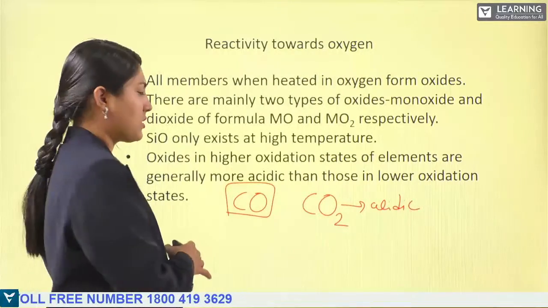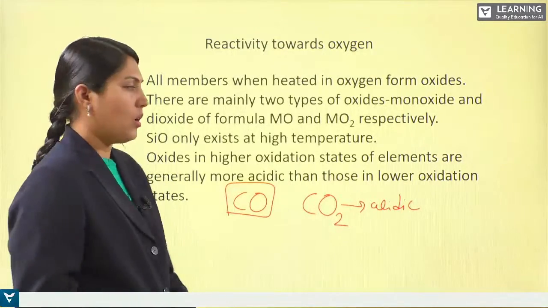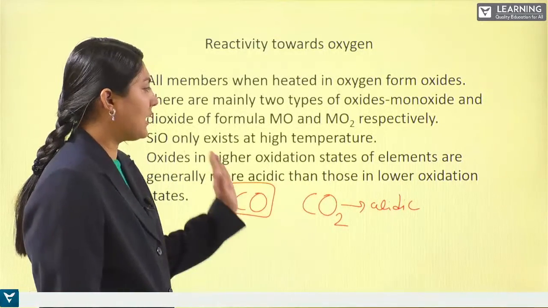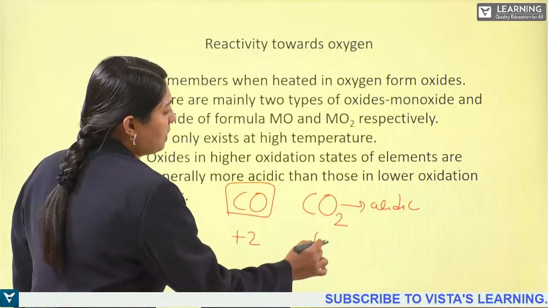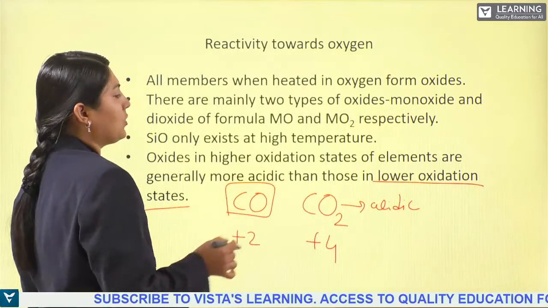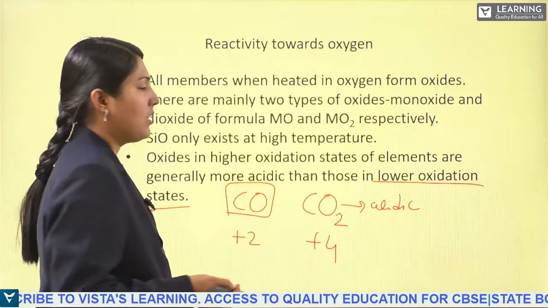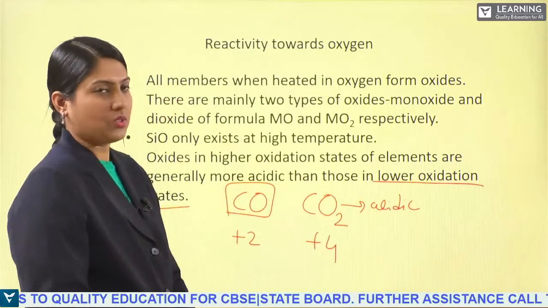As we know, carbon monoxide is a neutral oxide, whereas carbon dioxide is an acidic oxide. So we can say that the lower oxidation state will give you the less acidic nature of that oxide than that of the higher oxidation state.